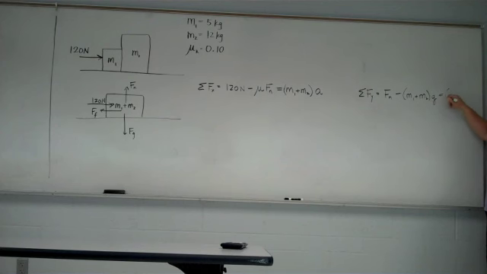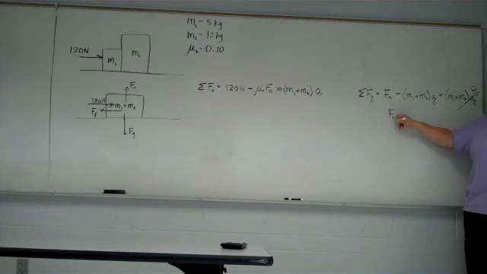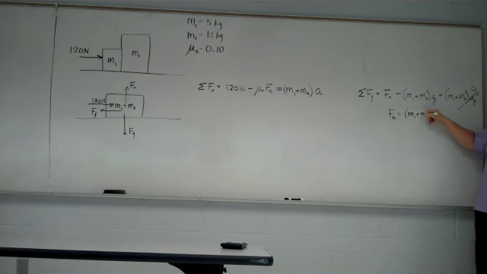That has to equal the total mass times the acceleration of our box in the y direction. But what do you expect the acceleration in the y direction to be? 0. So that tells me the normal force is equal to m1 plus m2 times g.